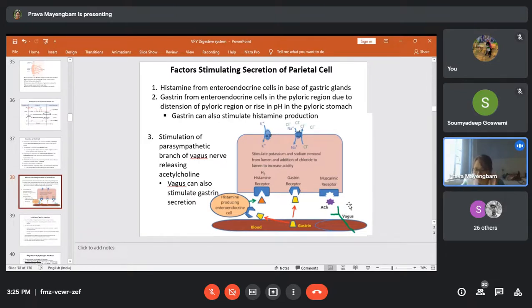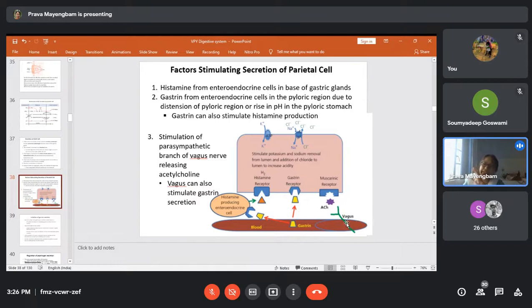Apart from that, when there is stimulation of the parasympathetic branch of the vagus nerve, there will be secretion of acetylcholine, which is also going to stimulate the gastrin production by the pyloric region. A branch of the vagus nerve also reaches the pyloric region of the stomach, and that will lead to the secretion of more gastrin.